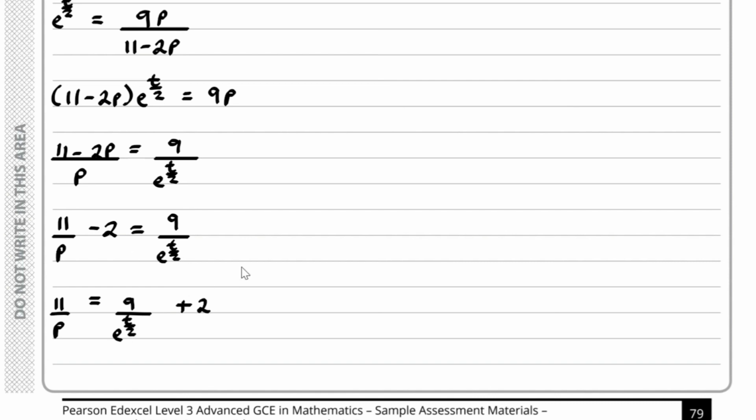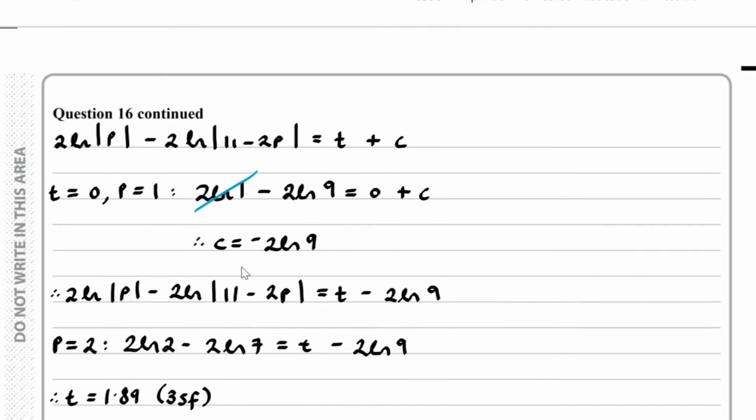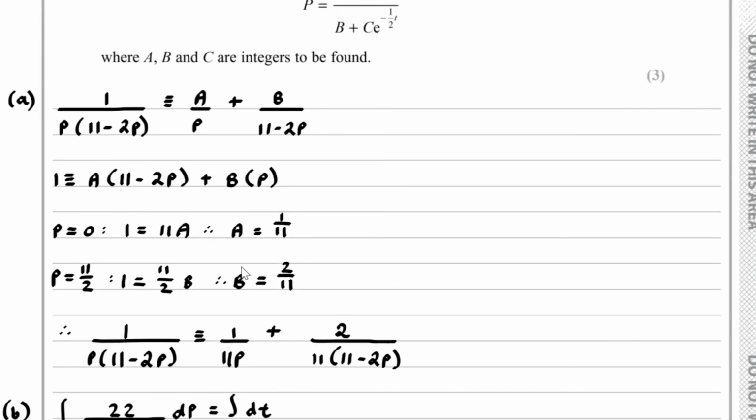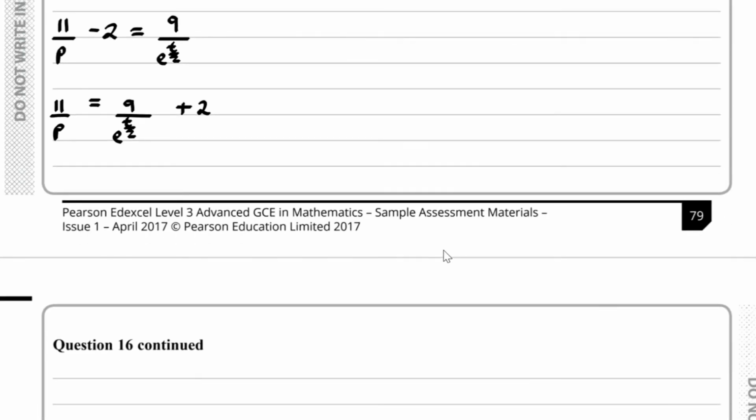Now what's my motivation of doing this? Well, if I look to the form we need to give our answer in, I've got an e to the minus 1/2 t. So what I can do here is rewrite this as 11 over p equals 9e to the minus t over 2 plus 2.